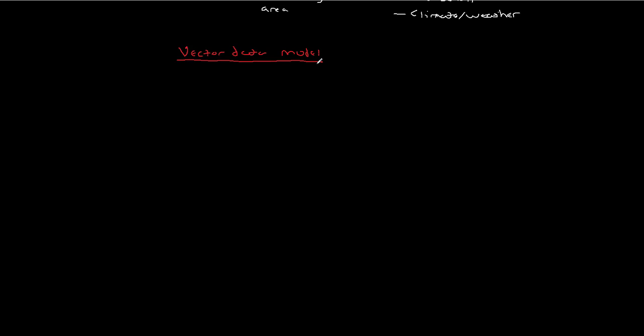All right. So the vector data model is a way of organizing discrete spatial data to be able to represent it using locations. And so basically, the vector data model has three parts.